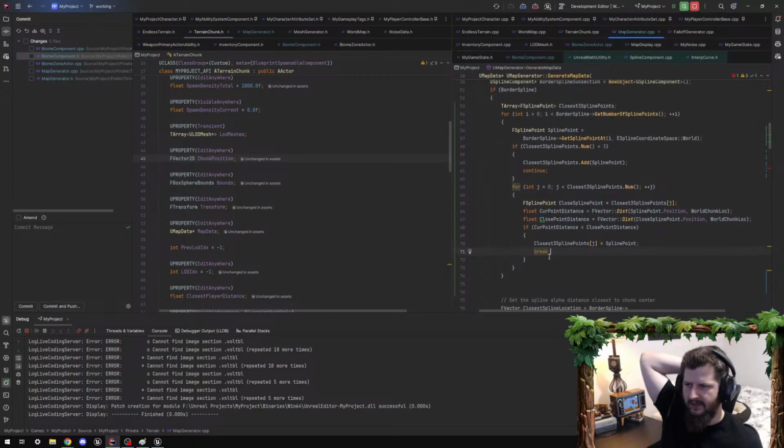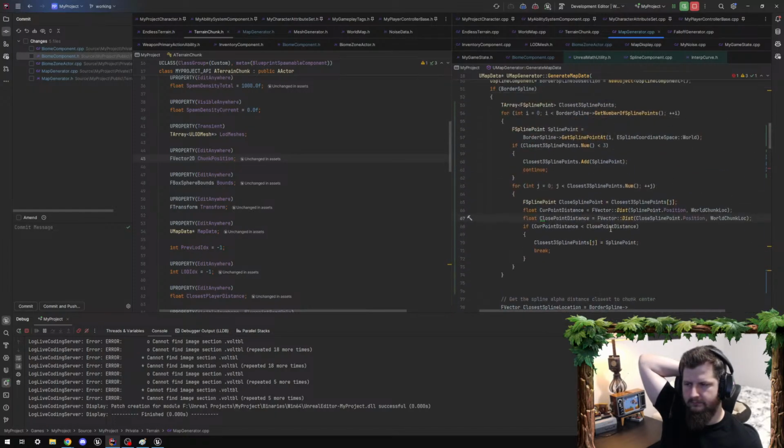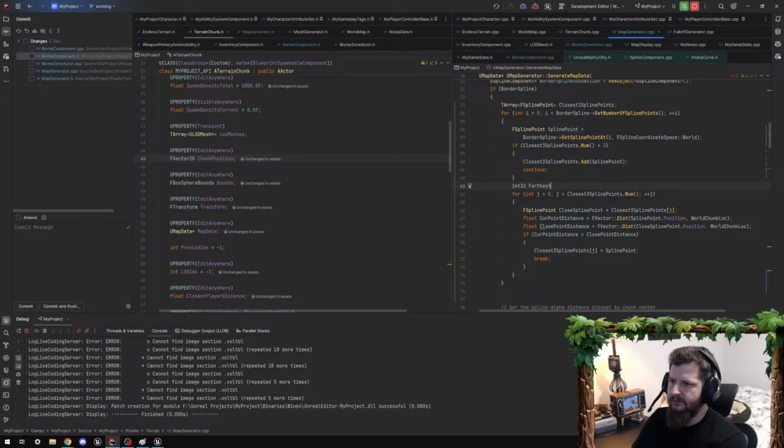I need to do like a find farthest point. So let's iterate through, let's do this. In 32, farthest point index.